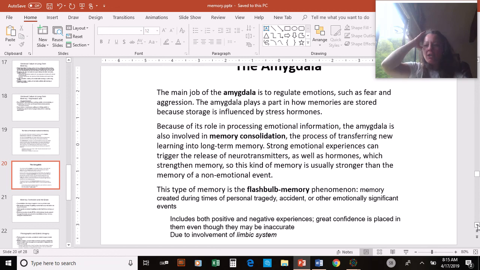Our amygdala is one of those basic, primal parts of our brain, because that's where the natural fight or flight response comes from. So it helps regulate those emotions, fear and aggression, and it's what helps us process and consolidate emotion. I was going to say emotional memories, but it's kind of true.